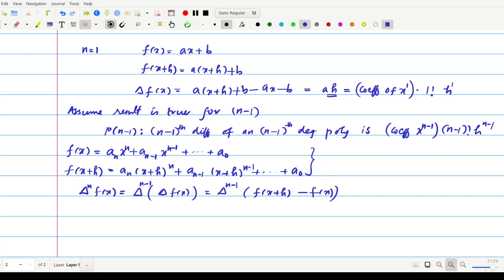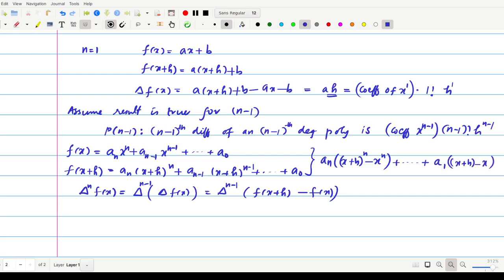Once you try to find the difference between these two, the first term will be a n times x plus h raised to n minus x raised to n. Considering all these differences, the last term can be cancelled: a naught minus a naught will be 0, and the second last term will be a1 times x plus h minus x.